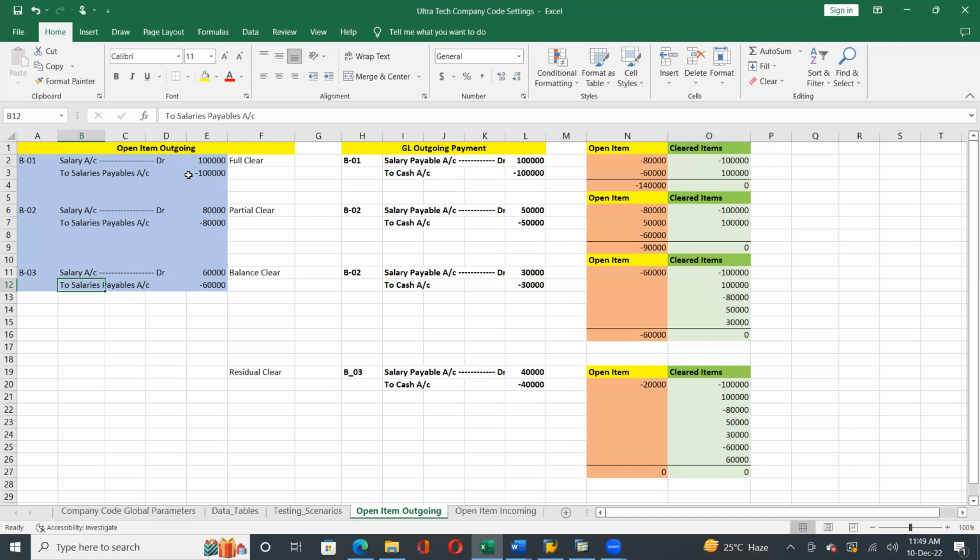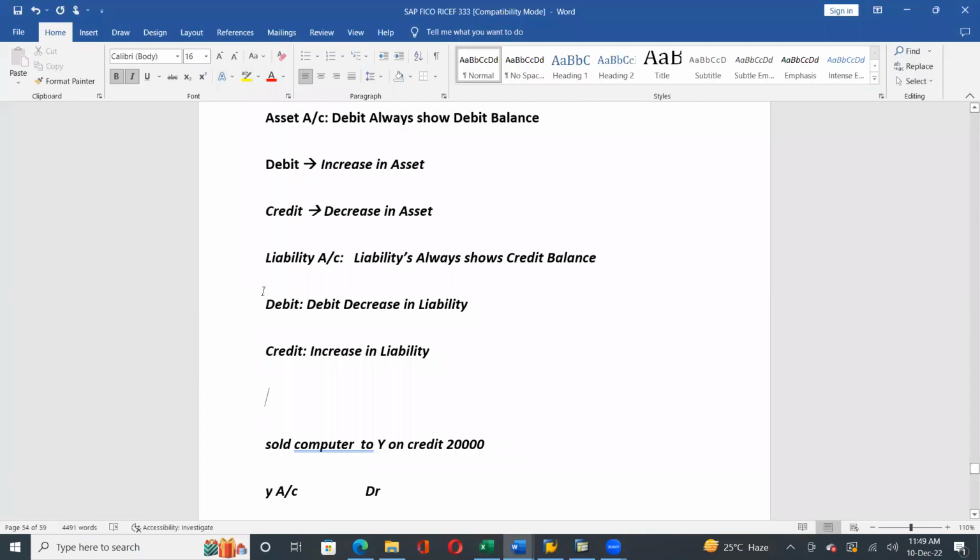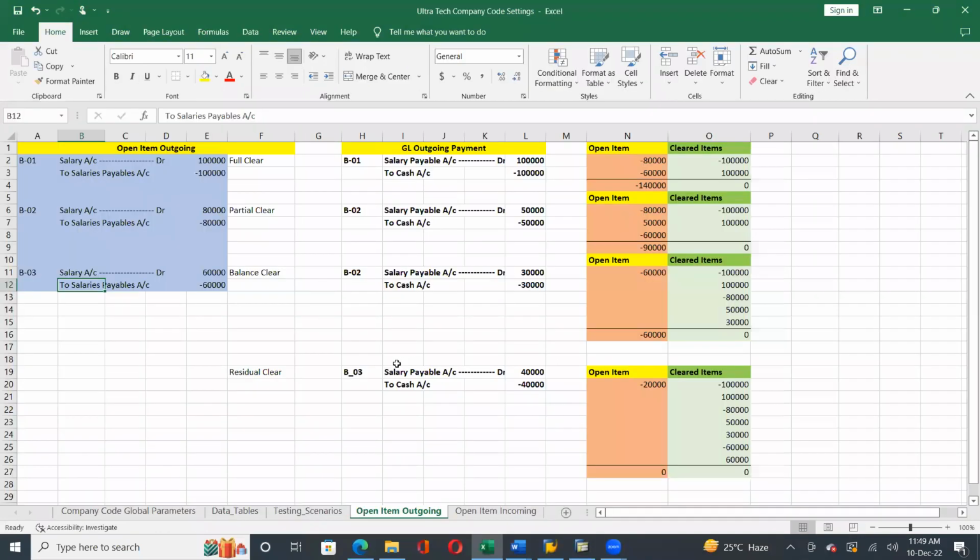If you paid in November, will it reflect in the December balance sheet? No. Or the November balance sheet? No. So what is increasing here? Because you have not paid, your liability is increasing. That is the reason it is credited, as per your liability account rule, credit is increase in liability. So that's the reason we are crediting the salaries payable account.